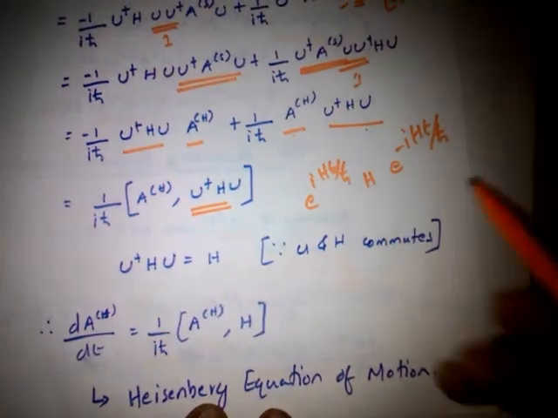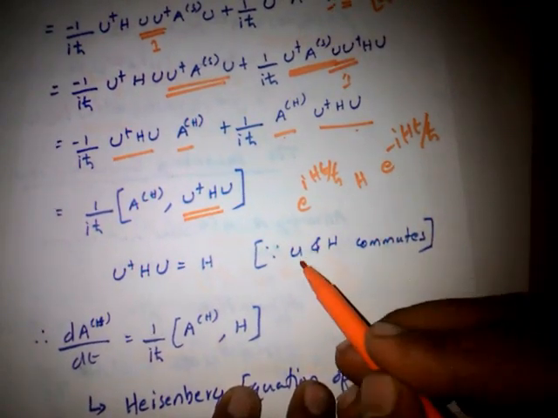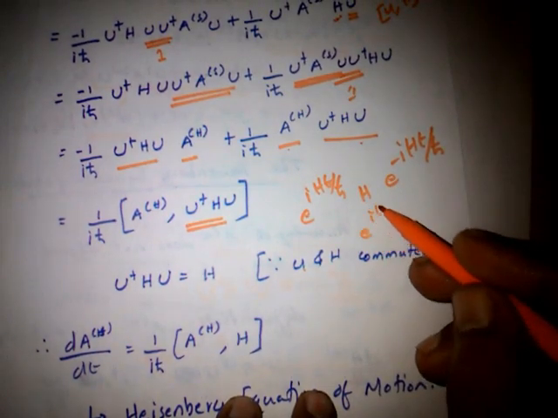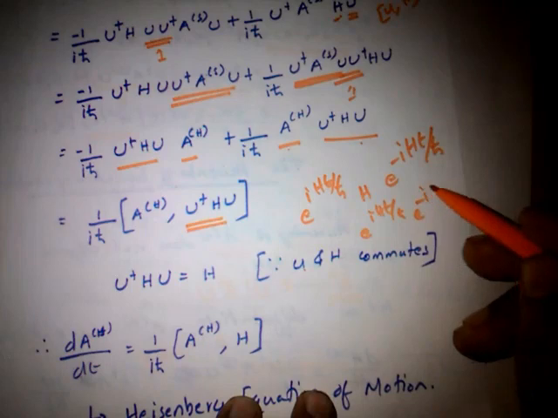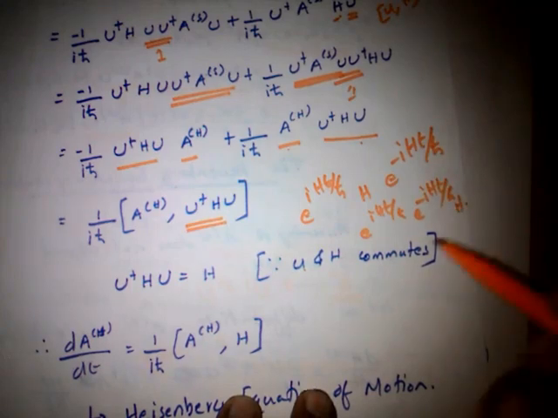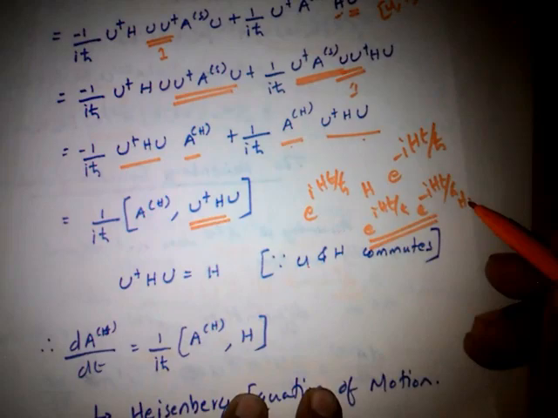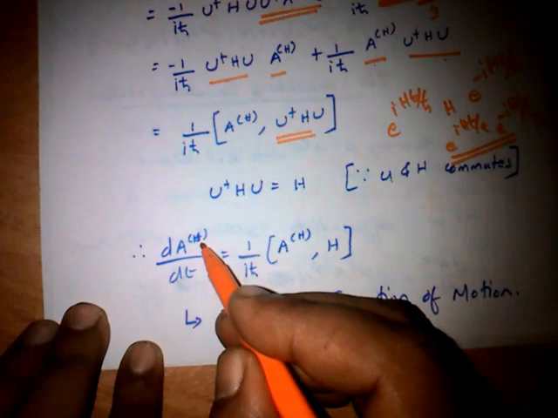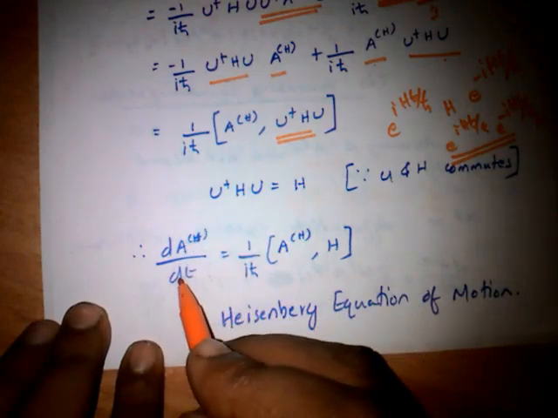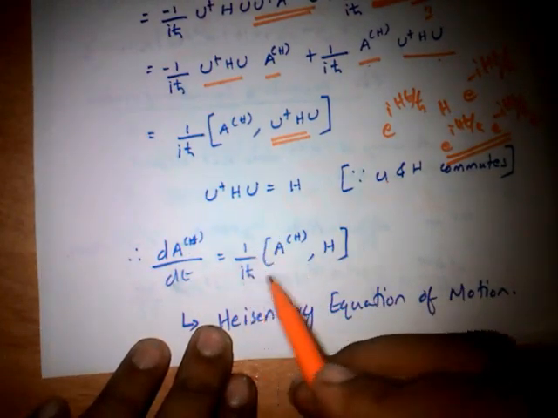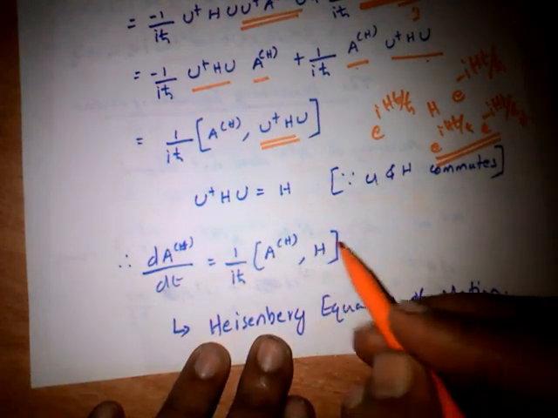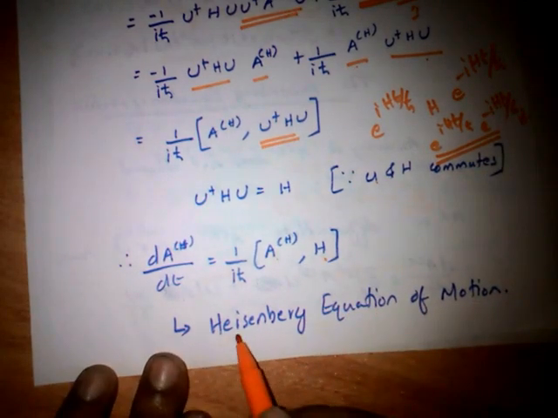Since U and H commute, e raised to i H t over h cross times e raised to minus i H t over h cross gives 1, and that is equal to H. So I can write this equation: dA in Heisenberg's picture over dt equals 1 over i h cross times the commutator of A_H and H. This is known as Heisenberg's equation of motion.